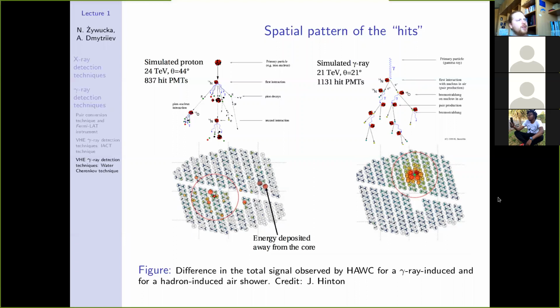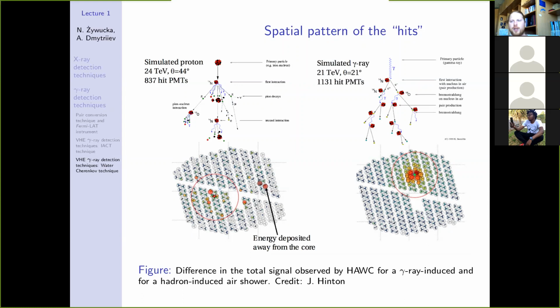But I have to say that this background rejection is less reliable than for the Cherenkov image. Here you sample only a specific slice of the shower, right? Some particles contained in the shower, and not all of them, reach your detectors.